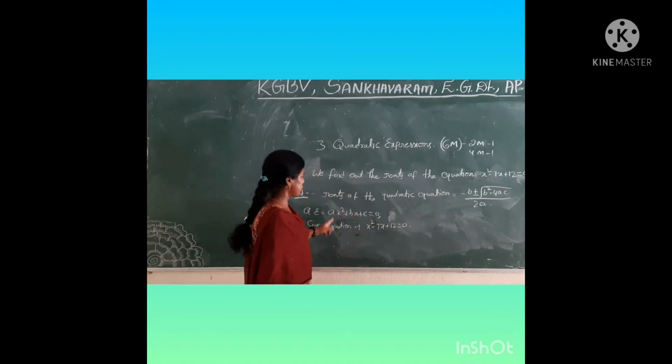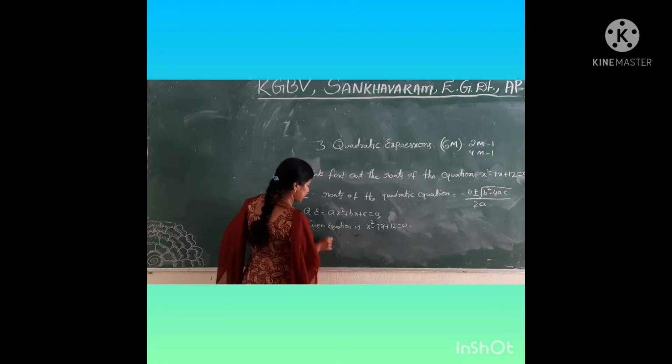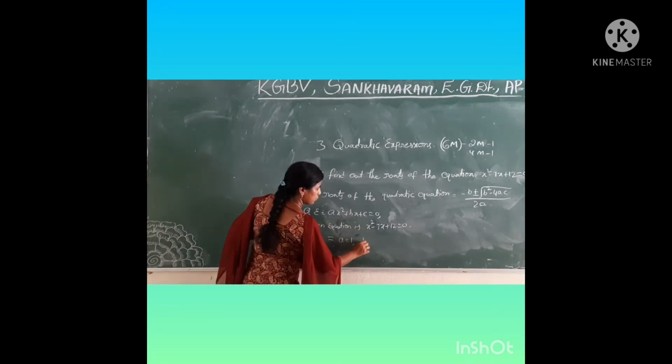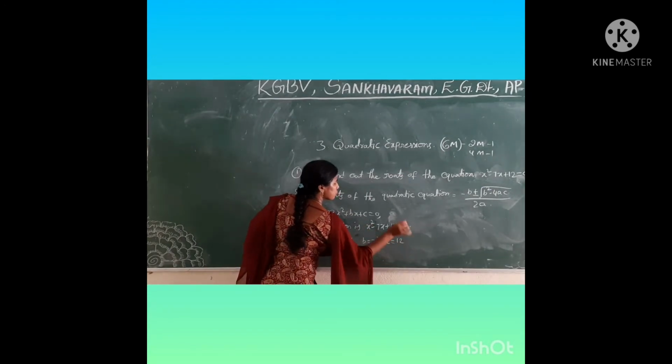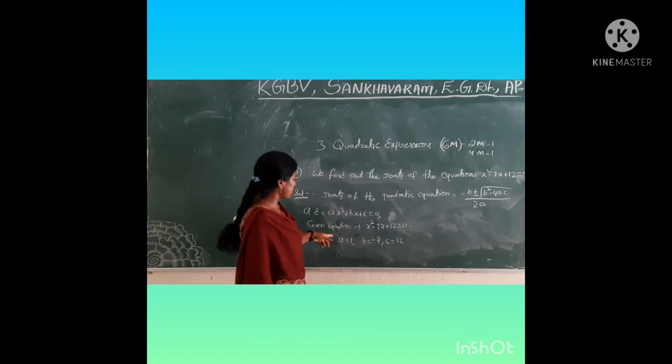Compare both equations. See here, a is equal to 1, b is equal to minus 7 and c is equal to 12.